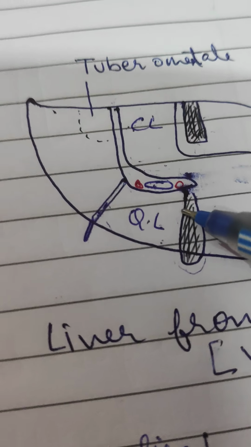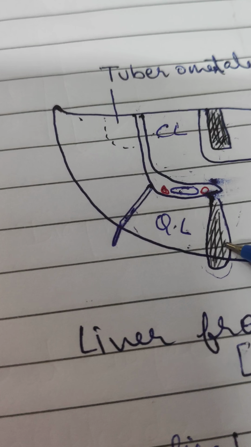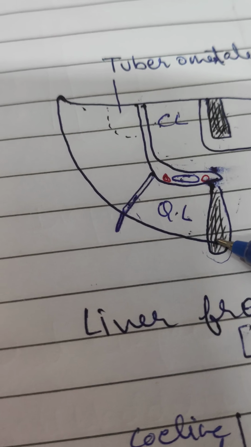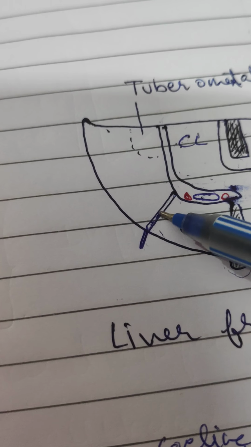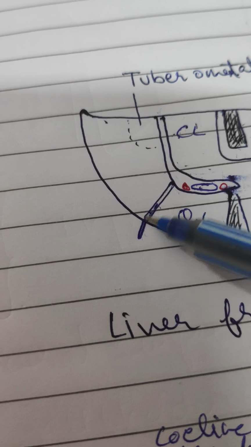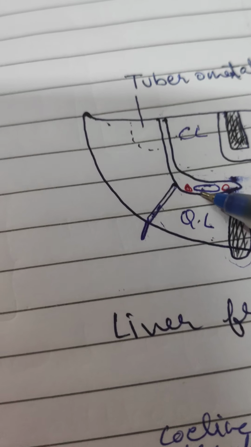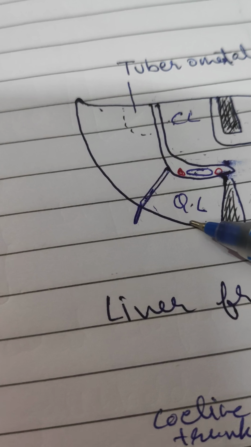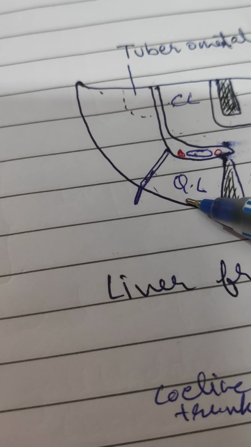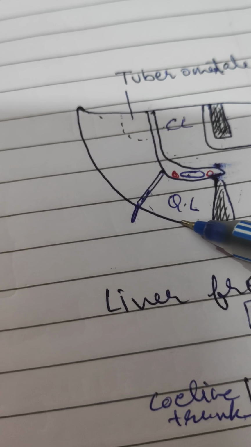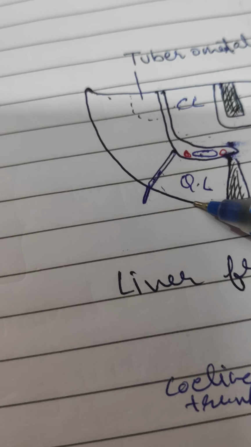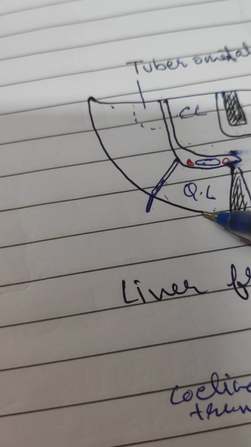So if we see the relations here once again, on the right side what are we seeing? On the right there is a fossa for gallbladder. On the left there is ligamentum teres. Ligamentum teres. And anteriorly, what is this? Anteriorly, this is the inferior border, remember. Okay? So anteriorly, meaning toward the front, it is the inferior border.